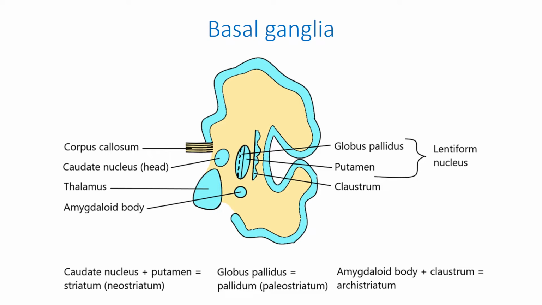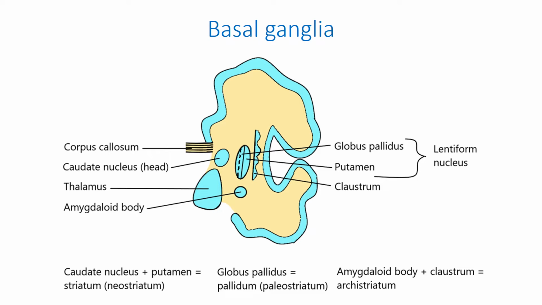The caudate nucleus and the putamen form one unit called the striatum or neostriatum, while the globus pallidus, that is divided into external and internal segments, forms the other unit, the pallidum, or pallostriatum.